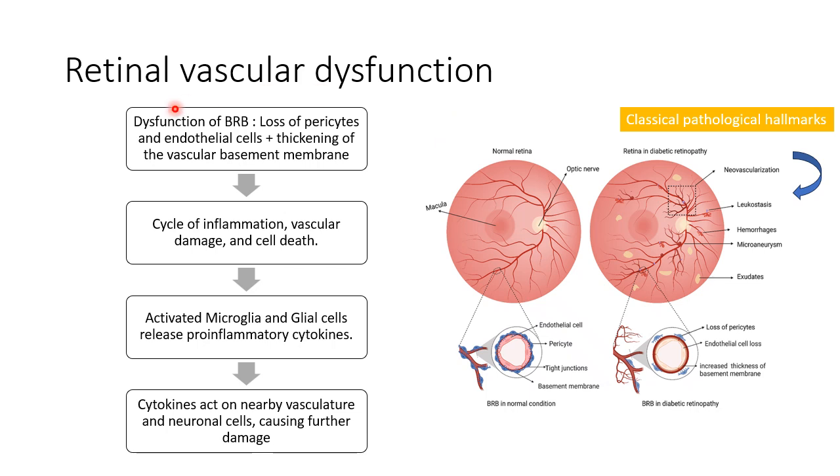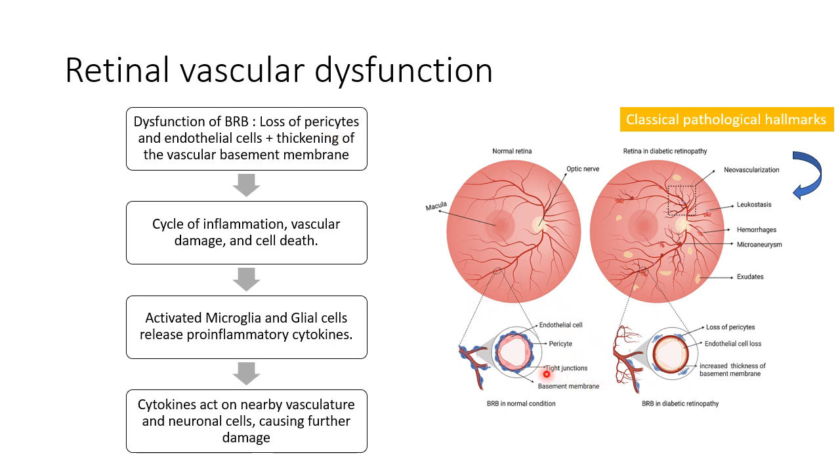What happens after that? So dysfunction of the blood retinal barrier, right? All those things are causing endothelial dysfunction, which in turn is leading to the loss of blood retinal barrier, inner blood retinal barrier to be more specific. We saw what it was made up of. So this dysfunction is in the form of loss of pericytes.